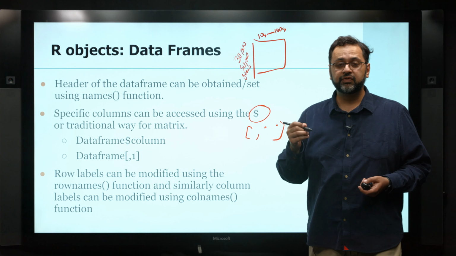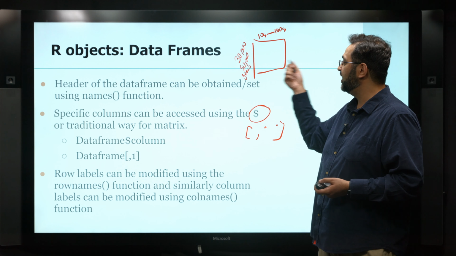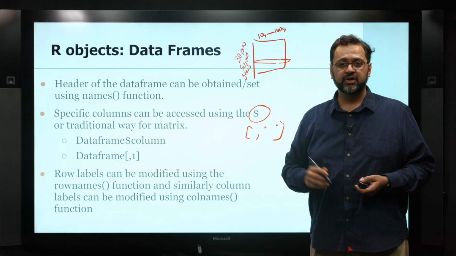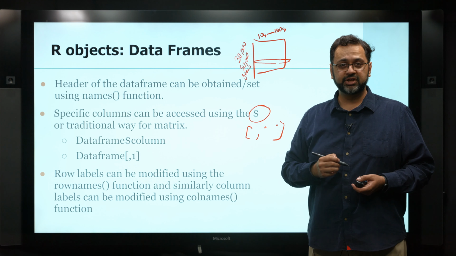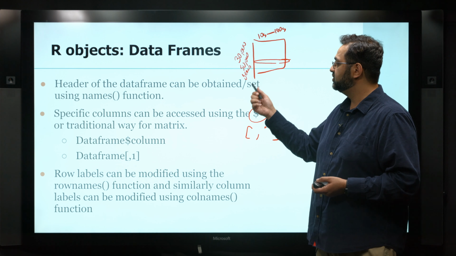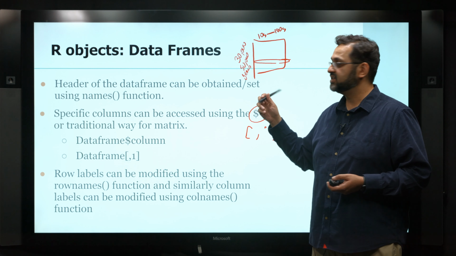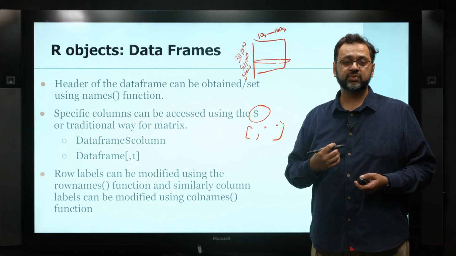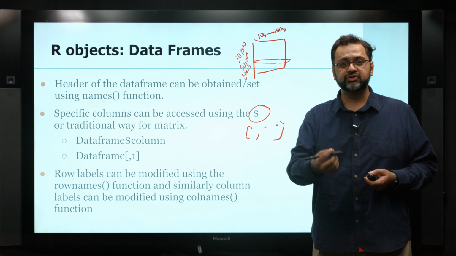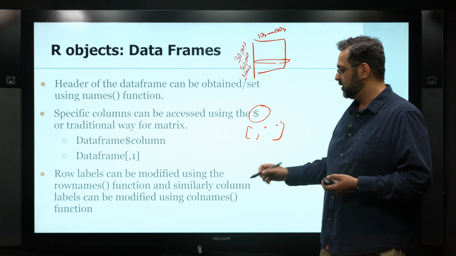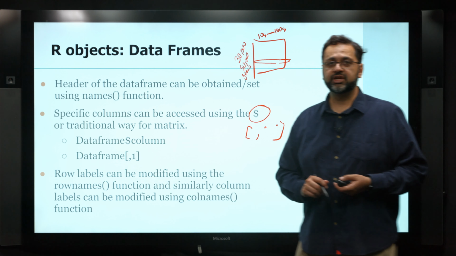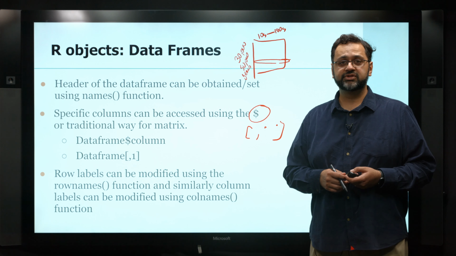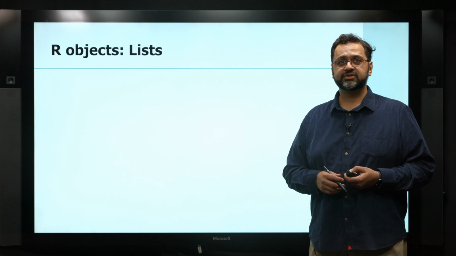So if you wanted to get a specific value for a specific gene in your data frame, looking it up would be pretty difficult. So what we will do is assign the names of the genes as the names of the rows. So this way you can use the name of the gene to refer to which row you want, okay? And we'll set this by using row names in our data frame. And of course, our experiment names also can be set by using column names.